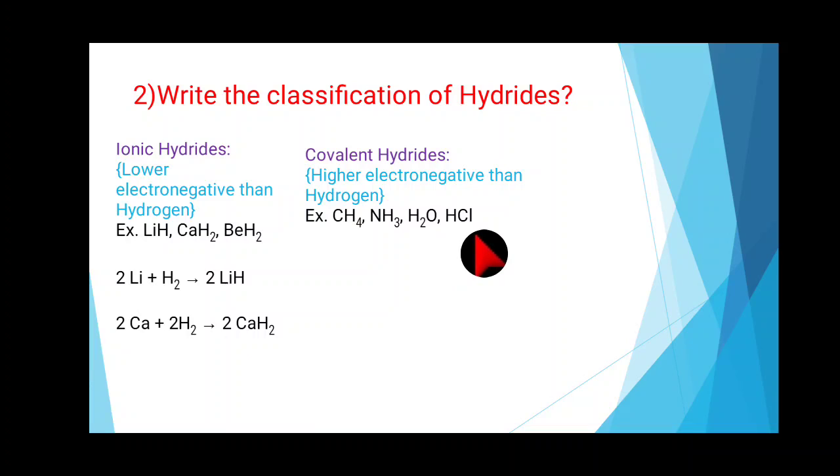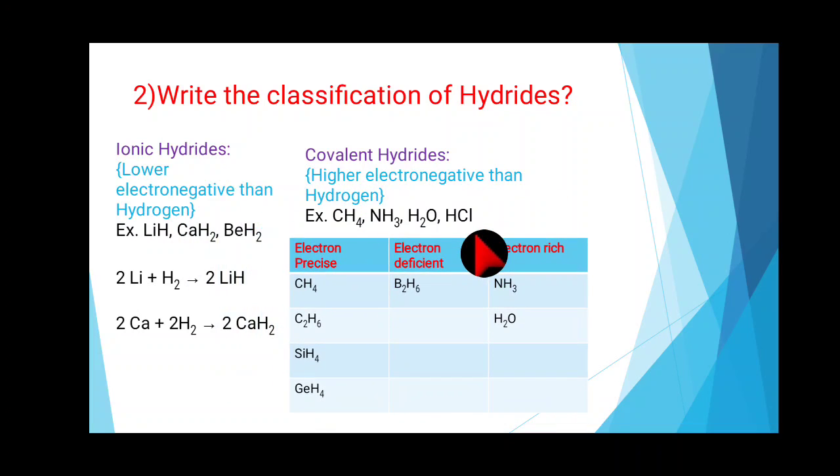Covalent hydrides are further divided into 3 categories: electron precise, electron deficient, electron rich.